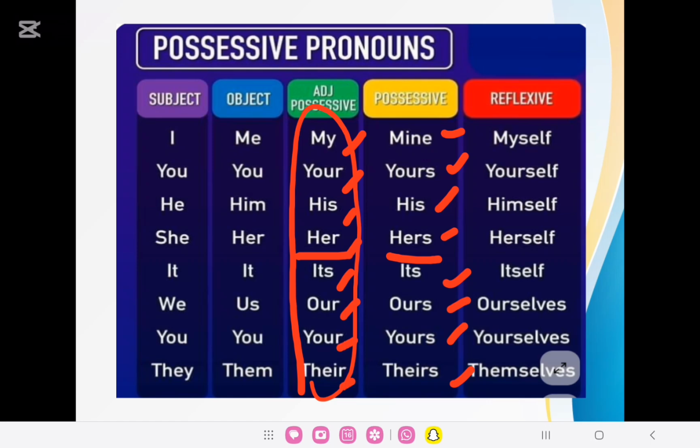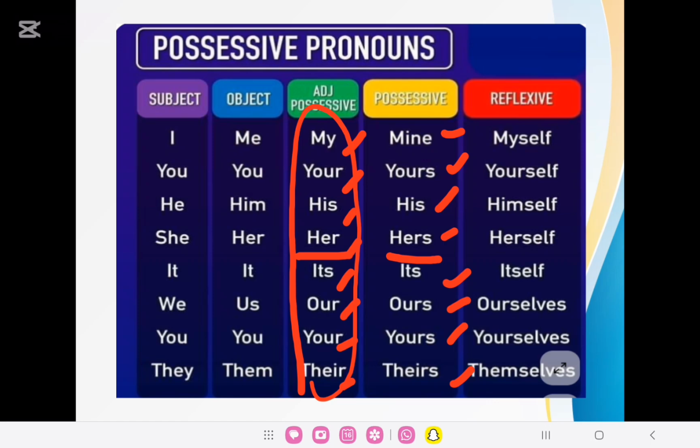These are possessive adjectives, but as the kind of shape they have, they resemble pronouns. That's why whenever we discuss pronouns, we discuss possessive adjectives also, because they look like pronouns, but they are not. They are possessive adjectives. I will tell you how adjectives and pronouns are different. After this I'm going to discuss that also.